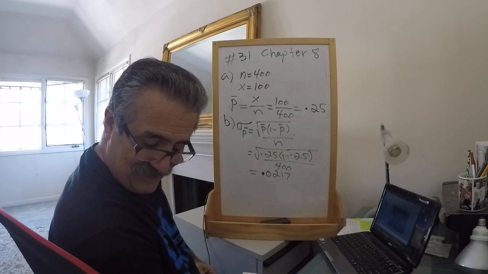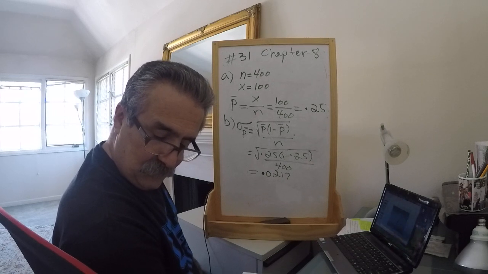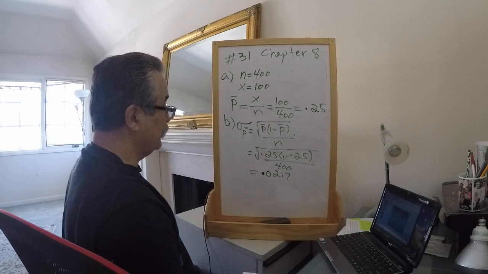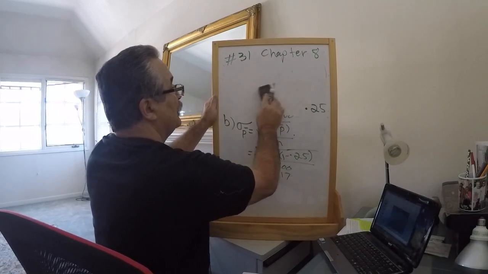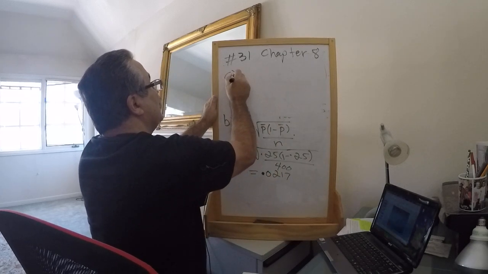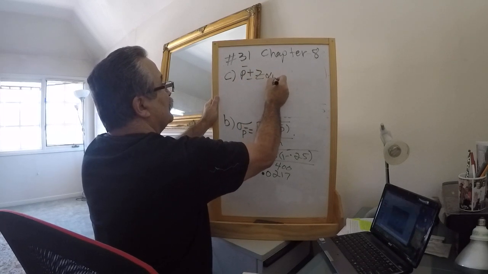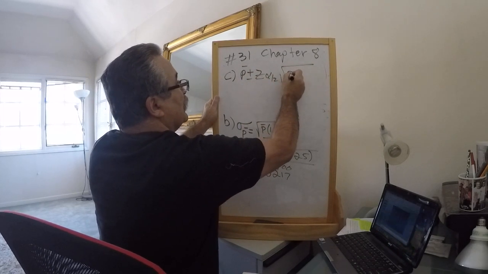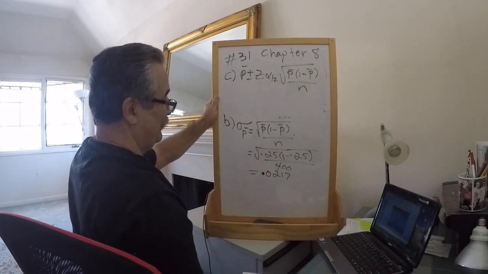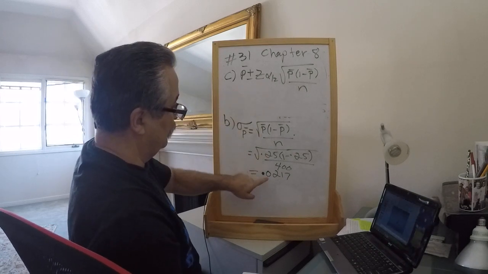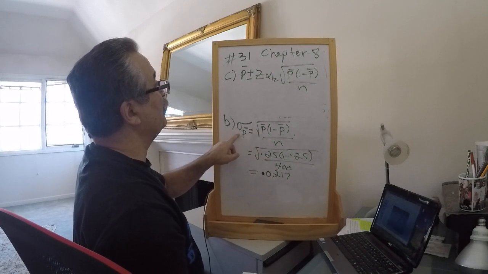For part C, compute the 95% confidence interval for the population proportion. So we do part C over here. P bar plus or minus Z sub alpha over 2 times the square root of P bar times 1 minus P bar divided by n. We already calculated sigma sub P bar, which is this one.